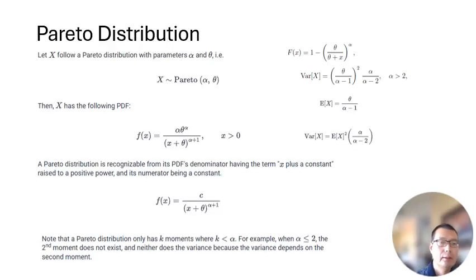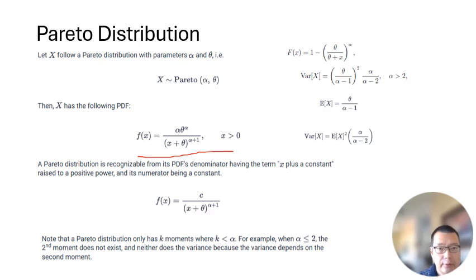Okay, let's talk about the first distribution that we are going to review, the Pareto distribution. If X follows a Pareto distribution with parameters alpha and theta, then X has the following PDF: f(x) is equal to alpha times theta to the power of alpha, over (x plus theta) raised to the power of alpha plus 1.